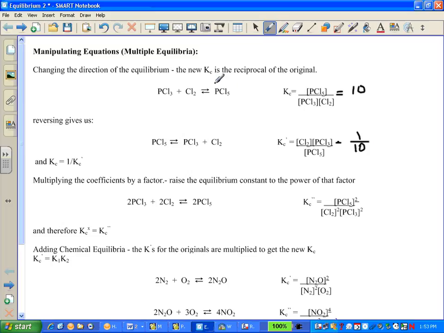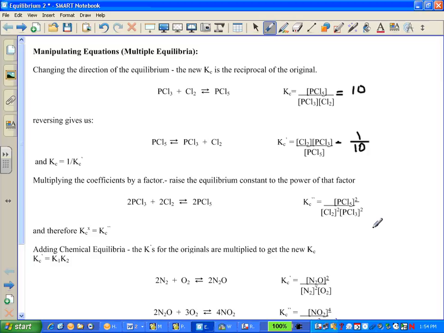So if we take this original reaction, PCl3 plus Cl2 in equilibrium with PCl5, and we multiply the entire reaction by 2, then when we write out the equilibrium constant expression, it's the concentration of PCl5 squared over the concentration of Cl2 squared times the concentration of PCl3 squared, which, if we examine it carefully, is simply this equilibrium constant expression, all squared.